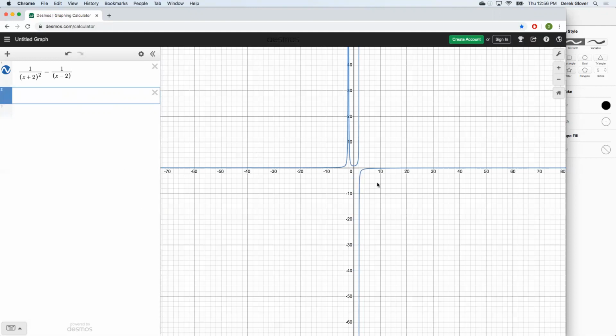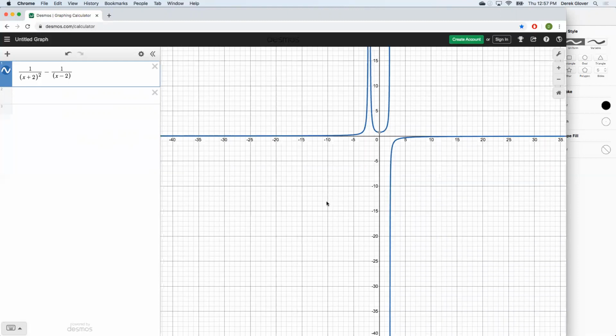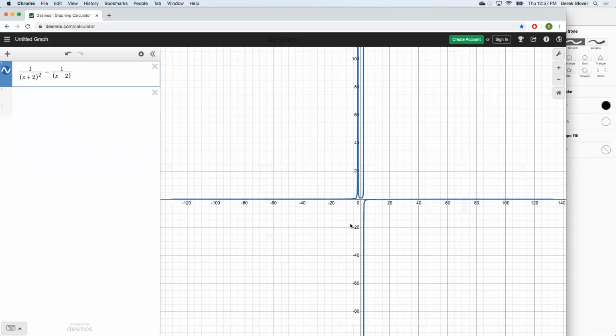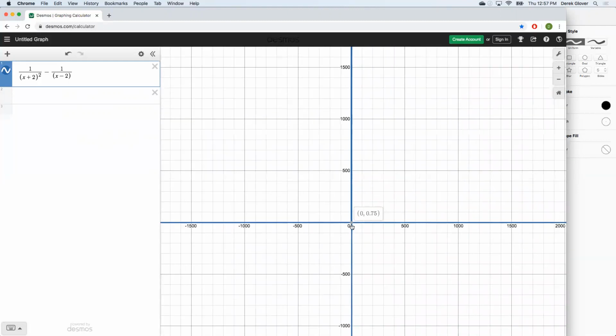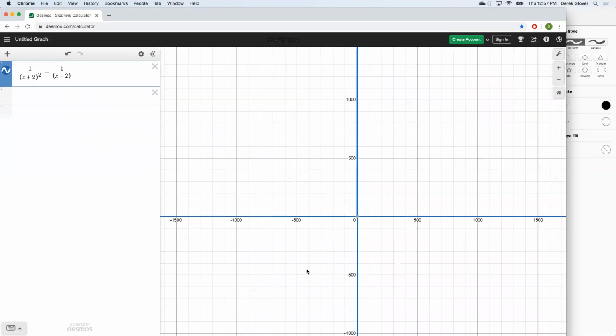So now this is a really strange looking function. We've got y values that approach 0, but they don't quite reach 0. We've got 0.75 here. Our function seems to be increasing really rapidly. And it looks like it's decreasing really rapidly.